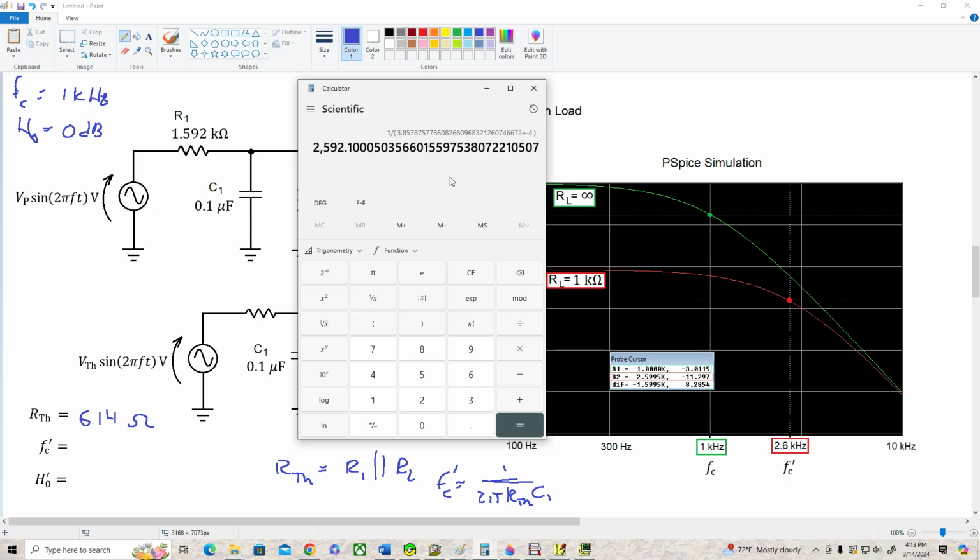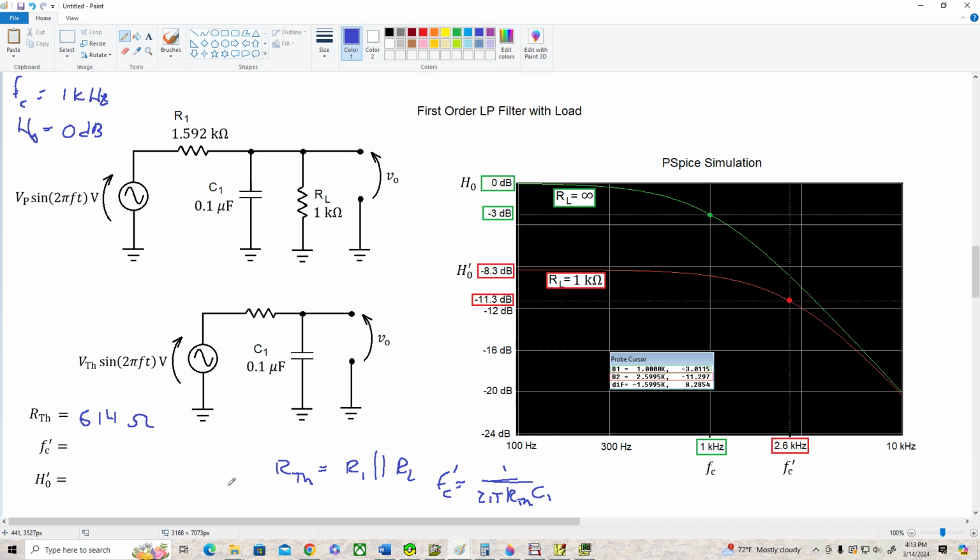So that gives us a new critical frequency of about 2.6 kilohertz. Let's write that over here, 2.6 kilohertz. And our response is given by the voltage divider ratio. So that's going to be H sub 0 equals 20 log RL over R1 plus RL.